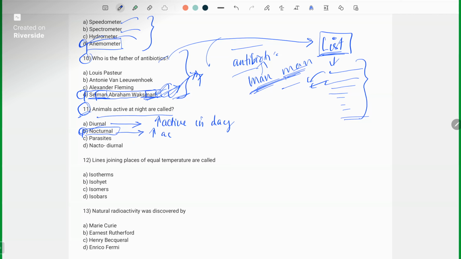So more active at night is nocturnal. Parasites are animals which feed on another living organism or animal. That is parasites. I think we all know that. Noctodiurnal is animals which have the capability to switch between day and night. That is noctodiurnal, a combination of A and B.